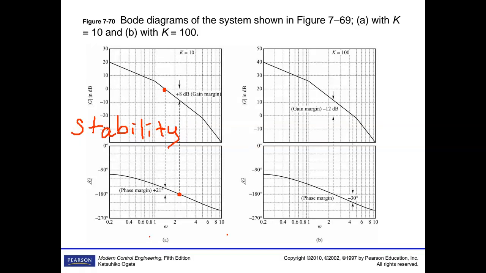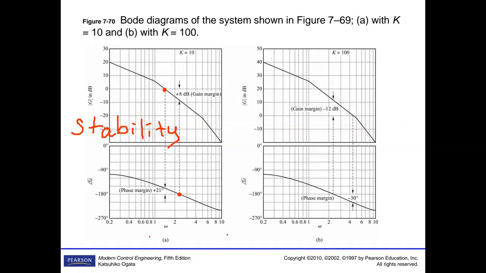For k equal 100, k equal 10, the same function, k equal 10, you can see that system, the gain margin is positive. That's the obtained crossing point 180, and then you look at the curve, how far your curve is from zero.